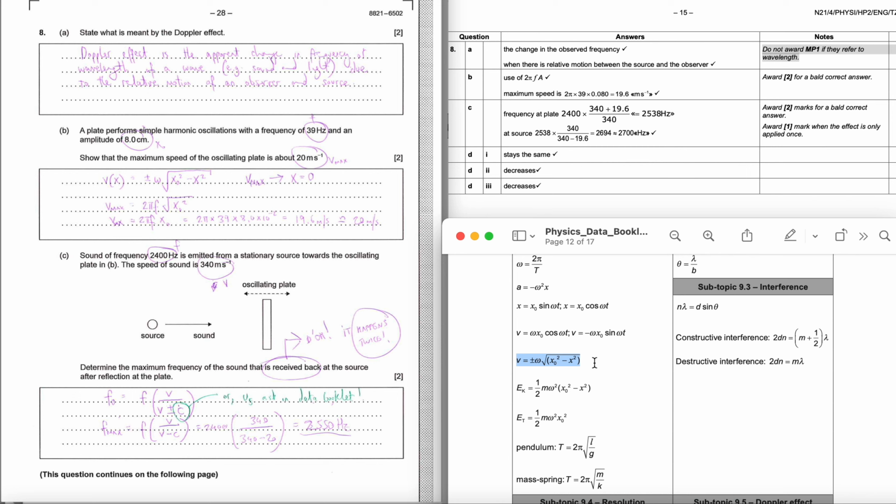We've got omega times the square root of x0 squared, so that's the amplitude squared, minus x squared. We're going to take away 0, and so we just ignore x squared. We've got 2 pi f times the square root of x0 squared, which is 2 pi f times x0. Then we put our values in. We know f, we know x0, and we've got a value of 19.6, which I'm sure you'll agree is very close to 20 meters per second.